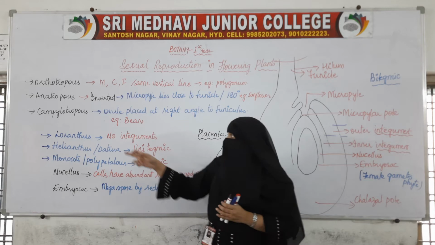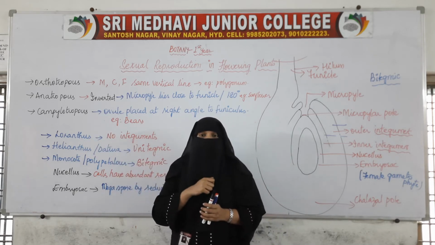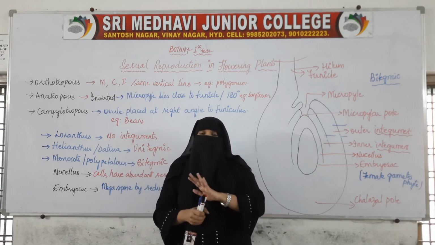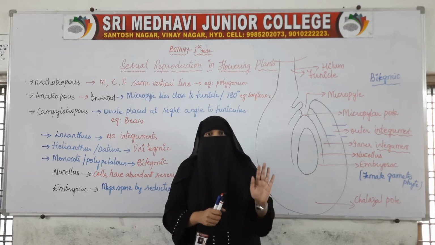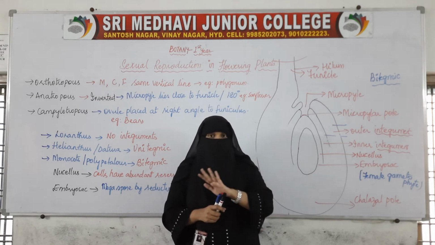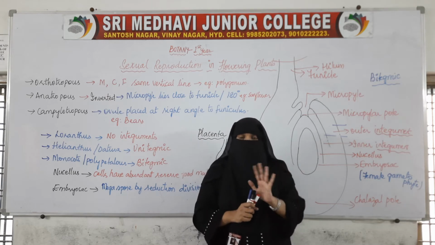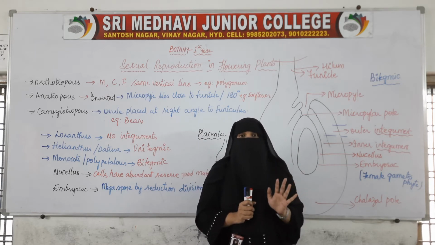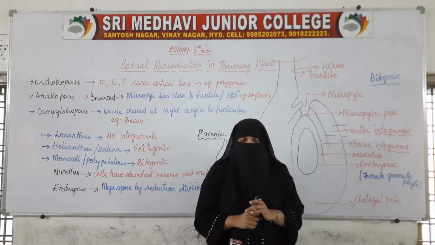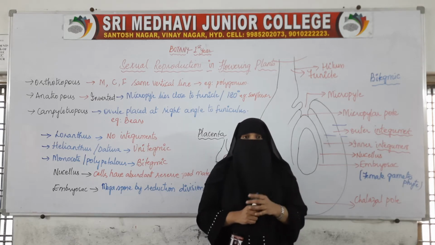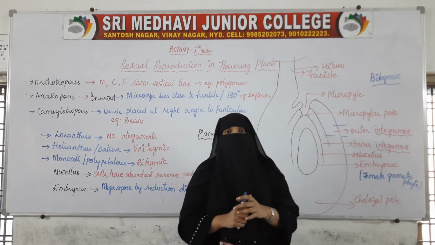And Loranthus is a plant where the ovule is not covered by integuments. There won't be any integuments, not even one. So where do we find an ovule that is not enclosed by layers?